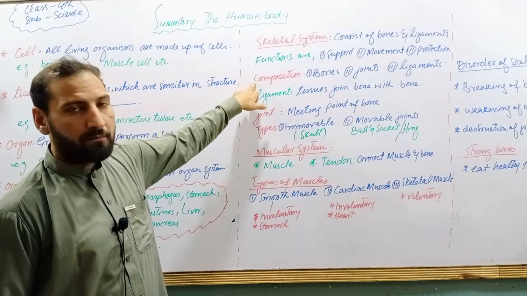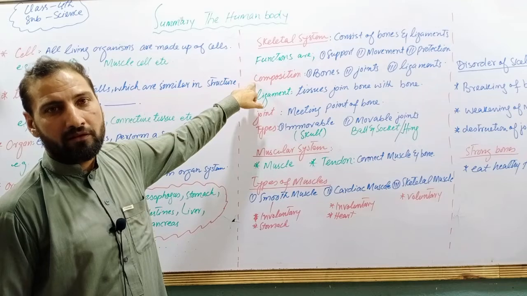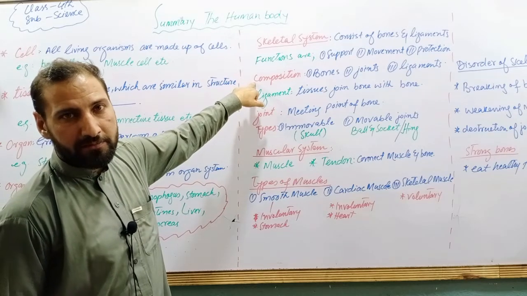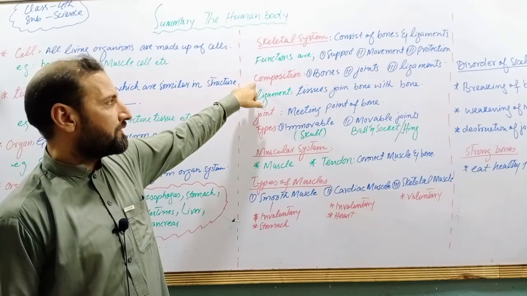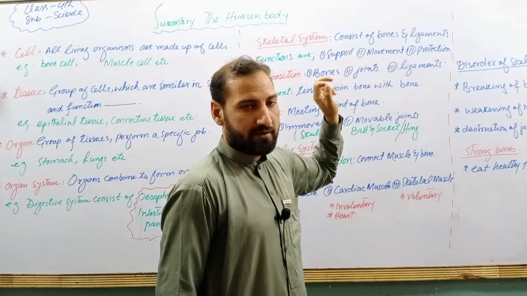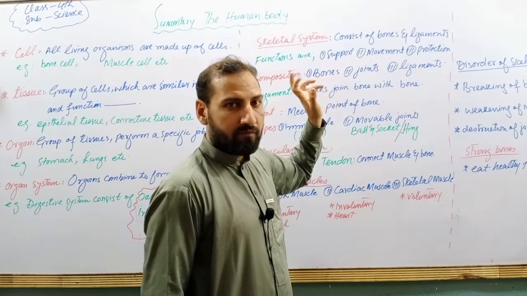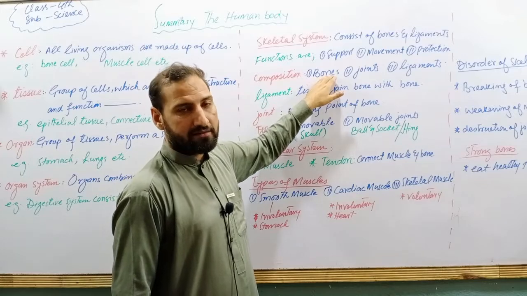Next one, composition of skeleton. Composition of skeleton means our skeleton is composed of bones, joints and ligaments. Okay, these are the things which make our skeleton.